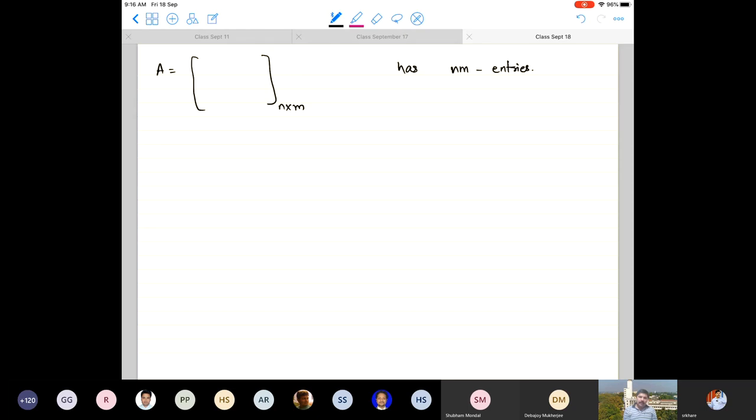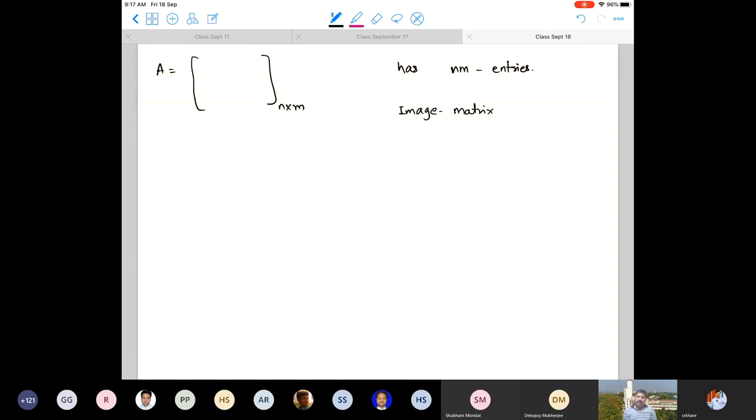So A is this matrix, it has nm number of entries. One of the interesting things that you have already done with this matrix is, for example, you had the image matrix. I hope you all have had a chance to see the video lecture provided by Sumanta, the tutorial lecture where you are taught how to use this MNIST data, right?